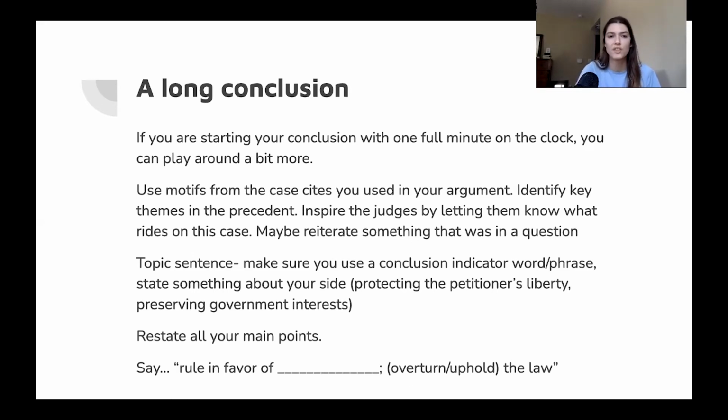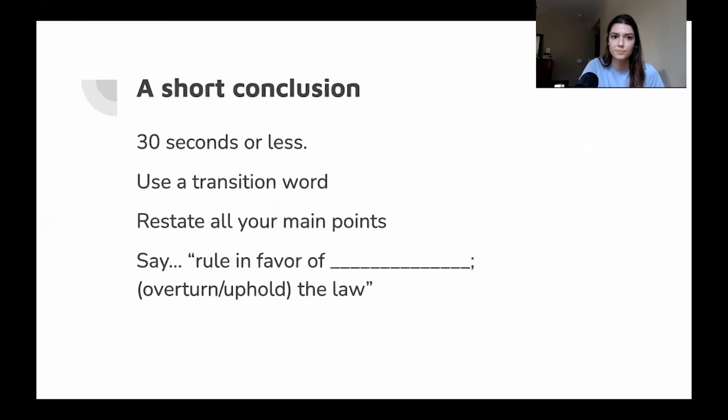So just the structure within a long conclusion, self-explanatory: a topic sentence where you use a conclusion word or indicator just as a transition, state something more abstract about your side and the causes that you're advocating for, restate all your main points, and then at the end, you're going to say, we ask you to rule in favor of petitioner or respondent and uphold or overturn the decision of the lower court. Thank you. And just end your argument right there.